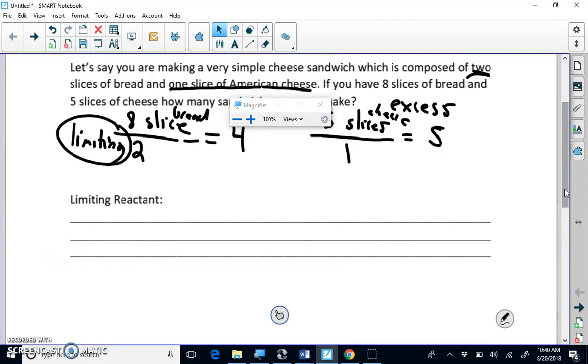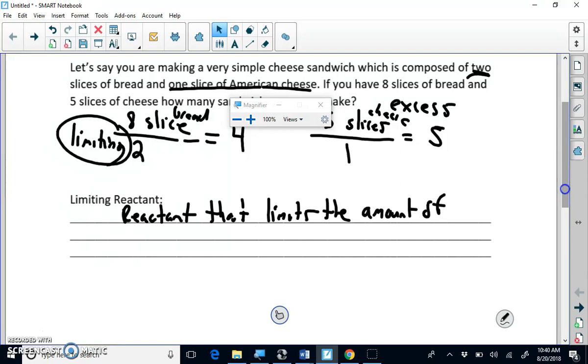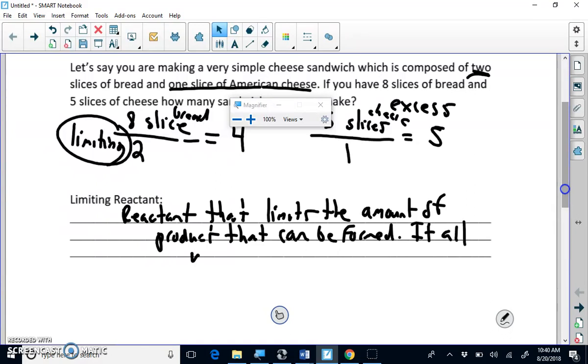The limiting reactant is the reactant that limits the amount of product that can be formed. And it's also important to know it's all used up in the reaction, so your limiting reactant will be completely gone.